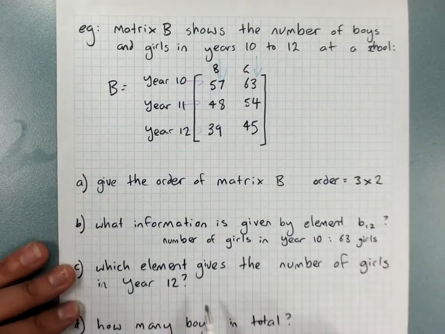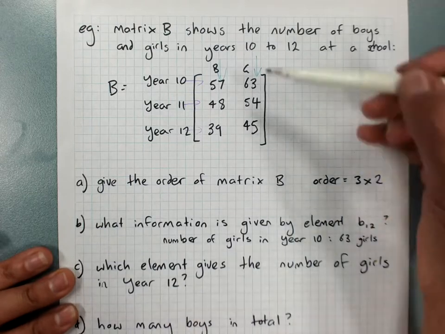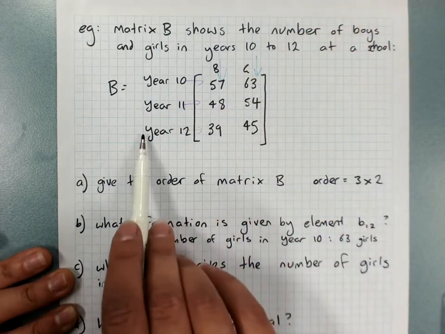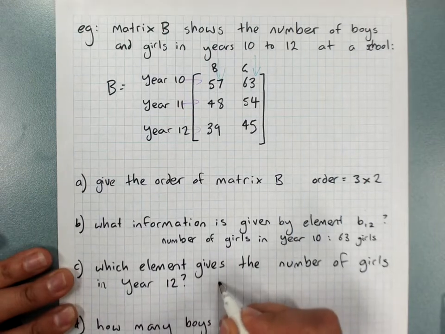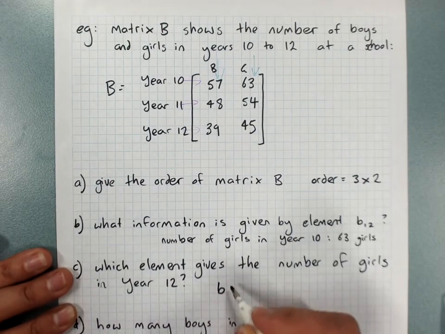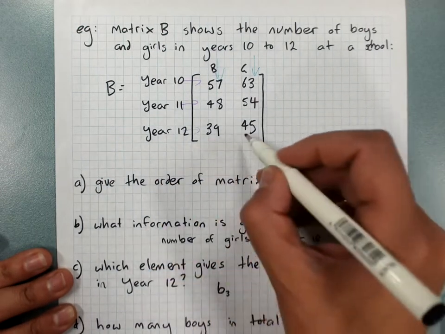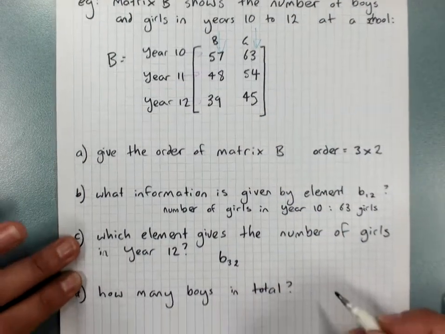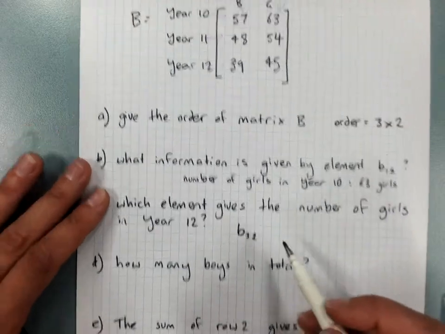Which element gives the number of girls in year 12? Girls in year 12, row first, row 3, so the element is b_32, column 2.